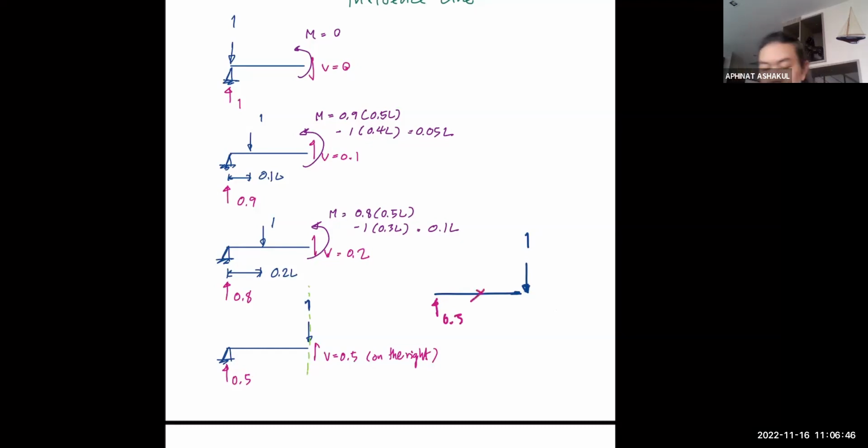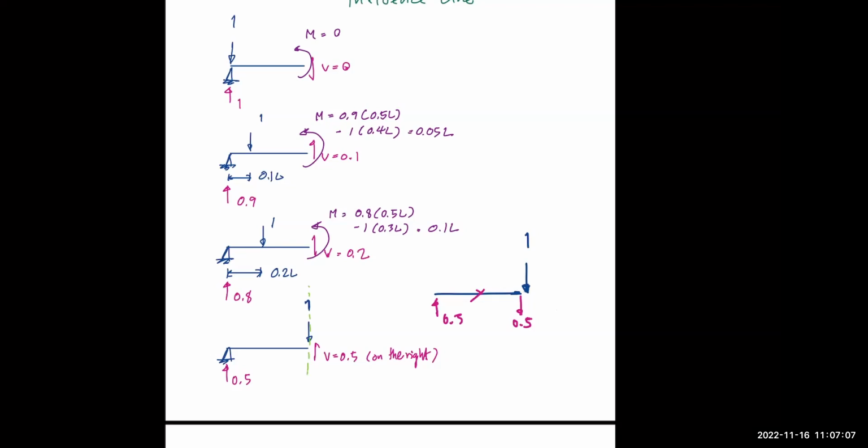When you look at this piece, in order to have equilibrium, your force will have to be a downward of 0.5 because you haven't reached the point where the unit load is applied, right? Are you with me? Yes, sir.